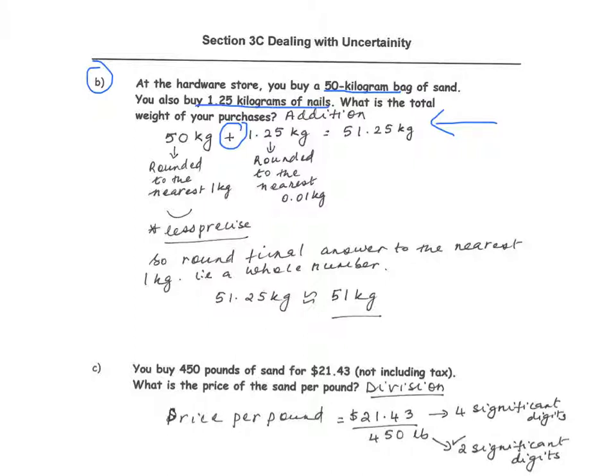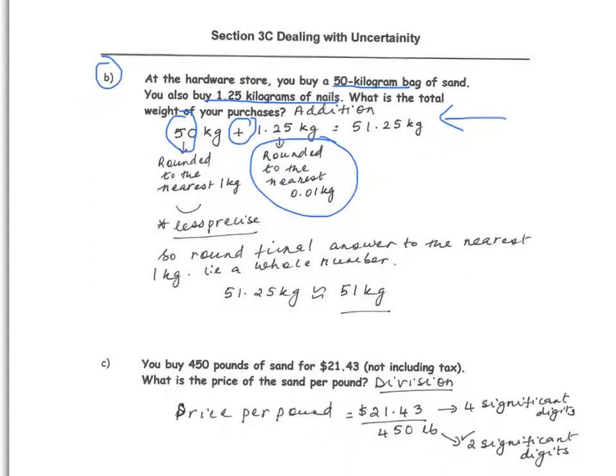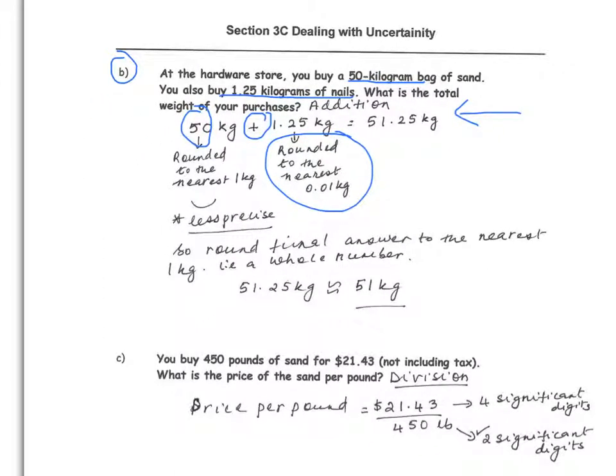So let's look at the precision of each. The 50 kg is rounded to the nearest 1 kg, so it's rounded to the nearest whole number, and 1.25 is rounded to the hundredths place. So when we compare the precision of the two numbers, 50 kilograms is less precise than 1.25 kilograms.